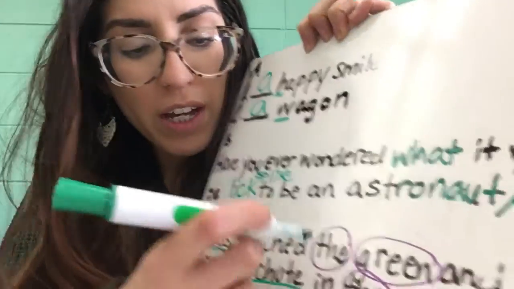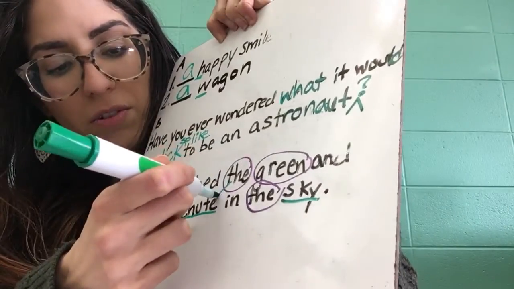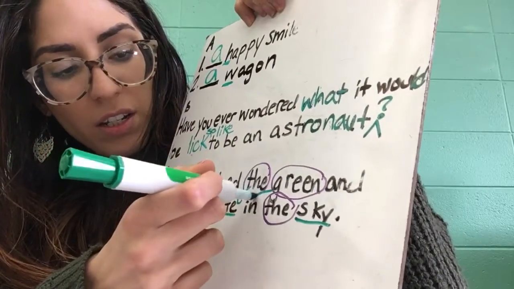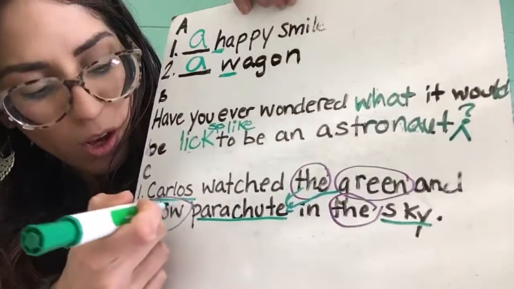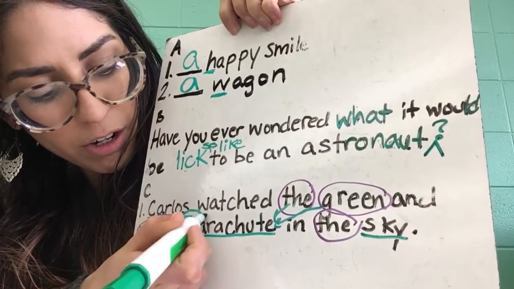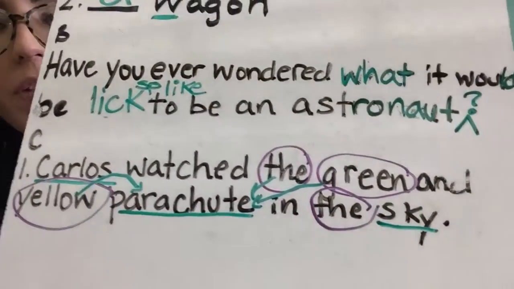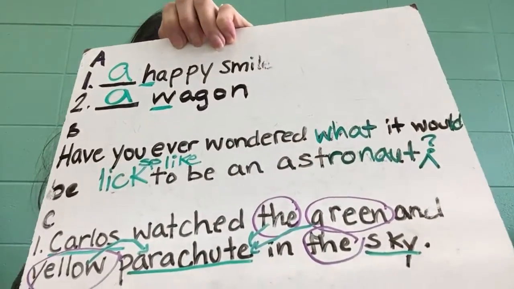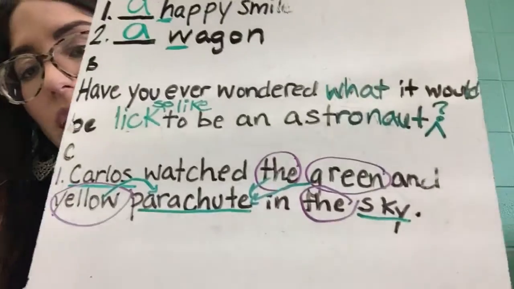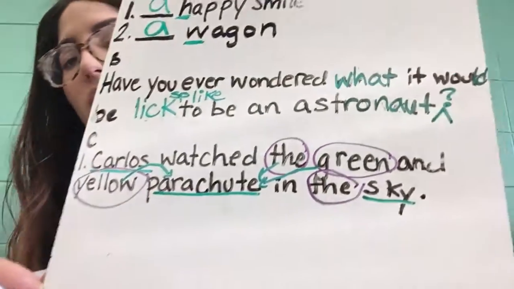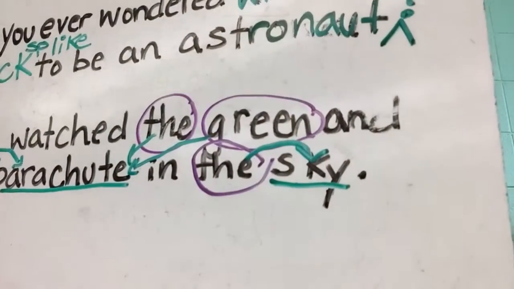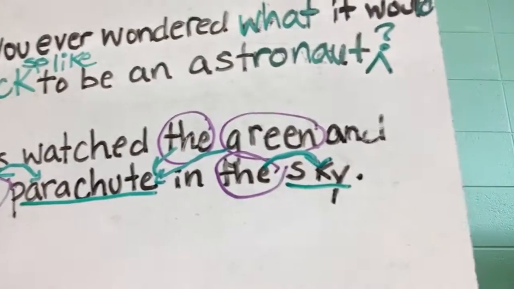So put your arrow from the to parachute, green to parachute, and yellow, a little back arrow to parachute. Make sure you point the arrows to the noun. The last one is sky. What describes sky? That's right, the. We'll put the arrow pointing to sky. Draw your arrows on your paper also.